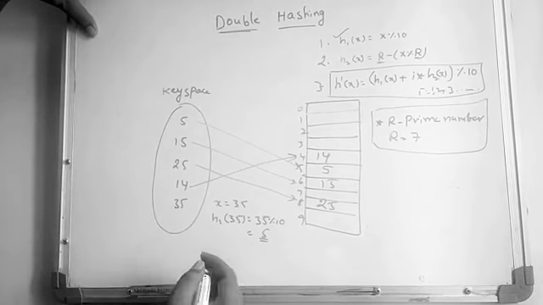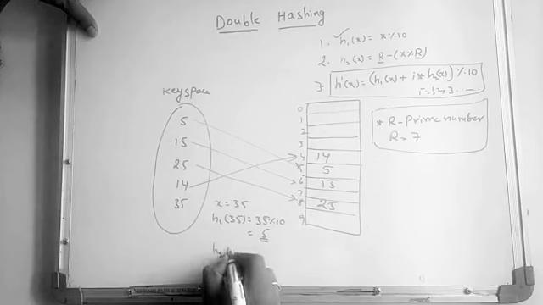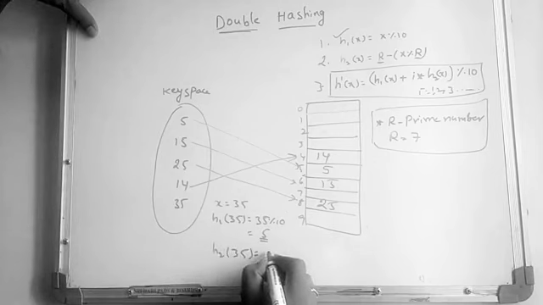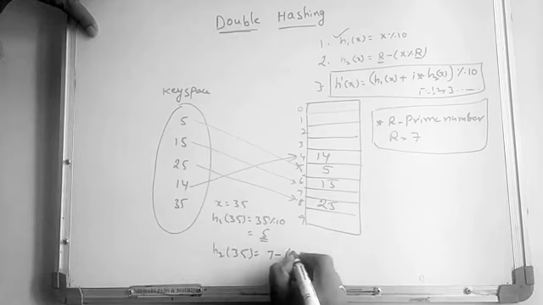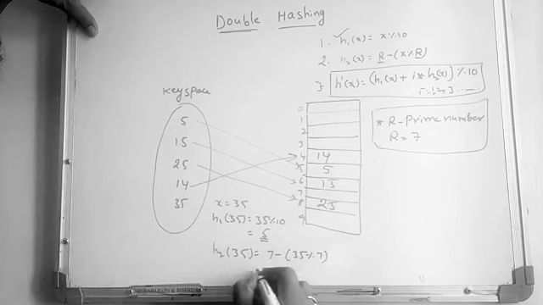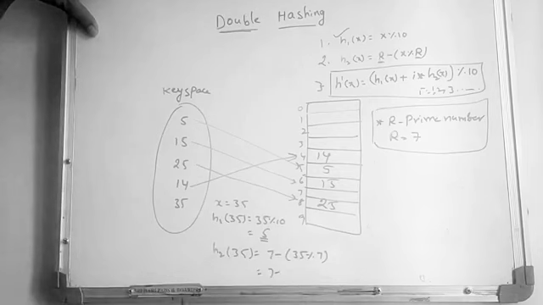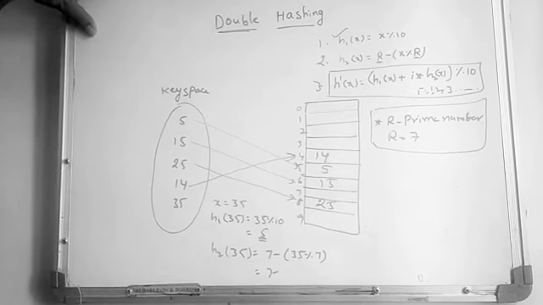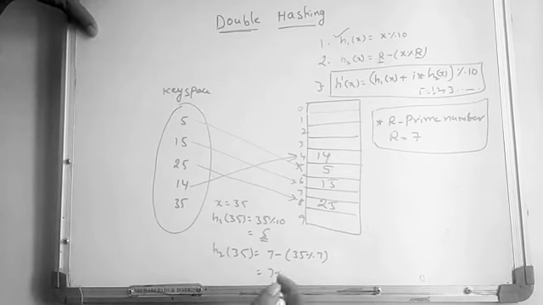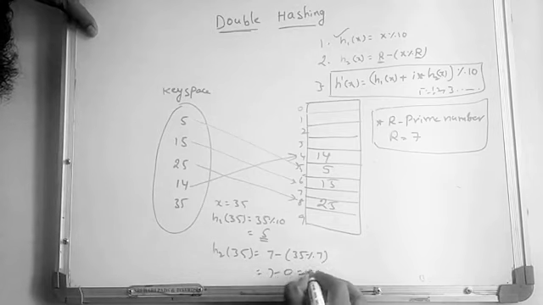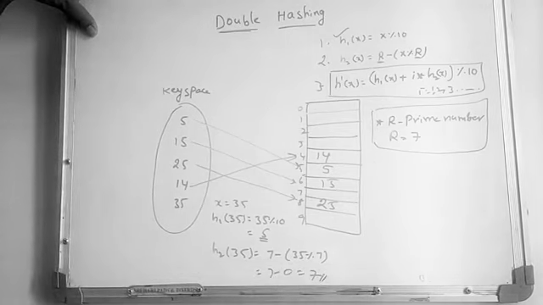Then go for the h2 formula. h2 of 35 equals r value, which is 7, minus 35 mod 7. What is the value of 35 mod 7? The remainder is 0, so 7 minus 0 is 7. h2 value is 7.